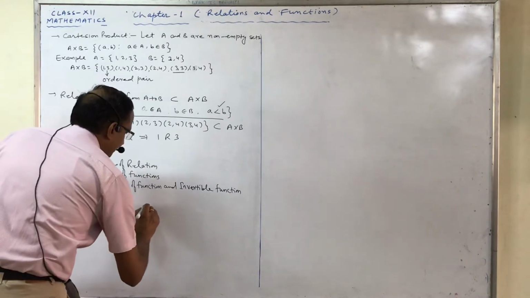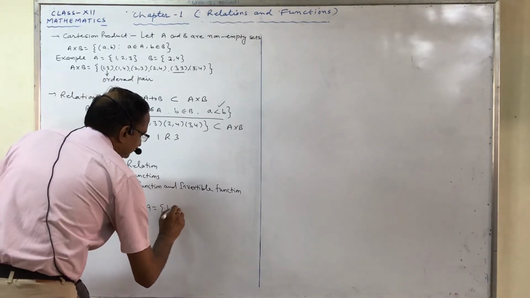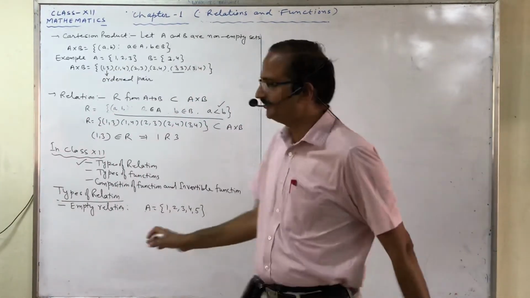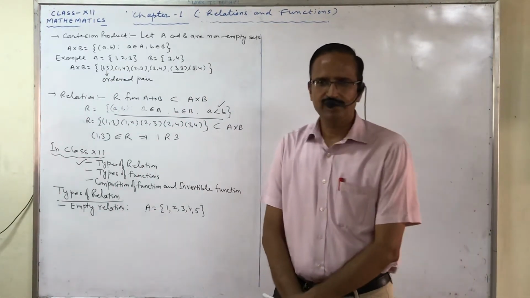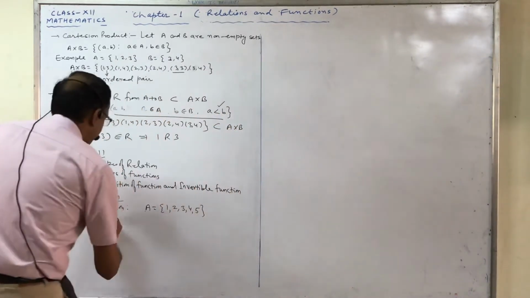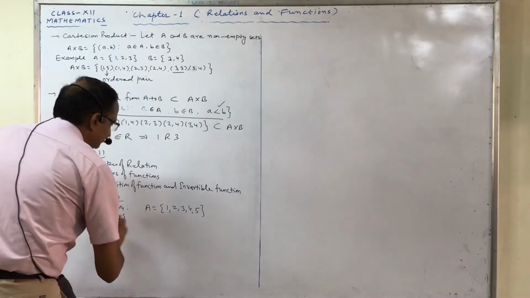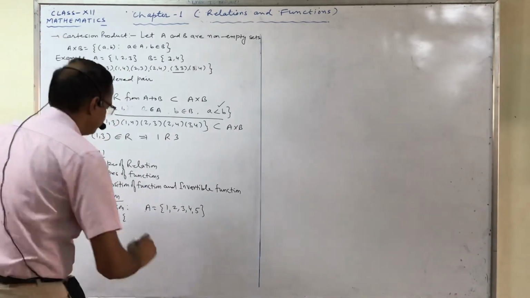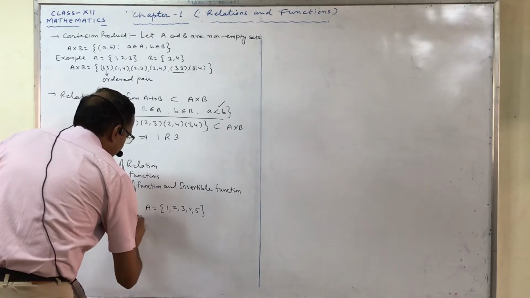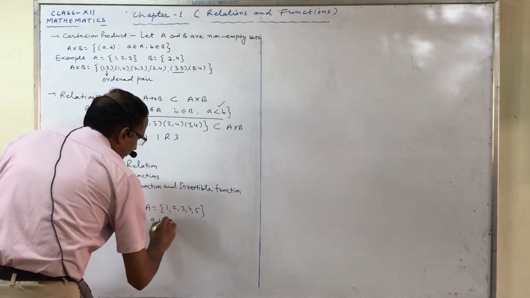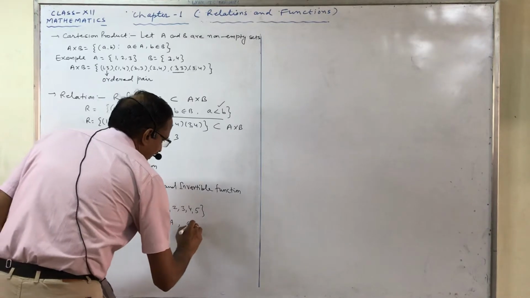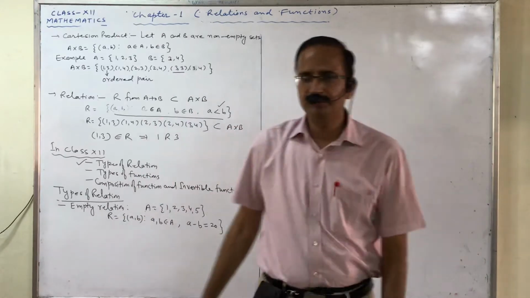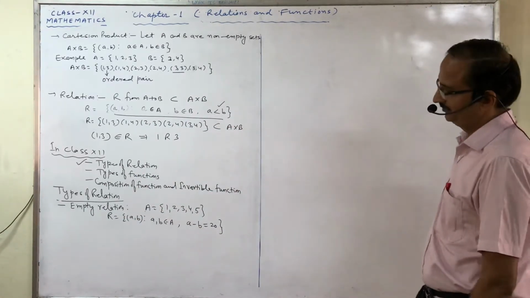Suppose A is a set that contains the first 5 natural numbers, alright, and R is a relation, okay, in A, R = {(a, b) : a, b belongs to A and a - b = 20}. Means the difference of two elements is 20.